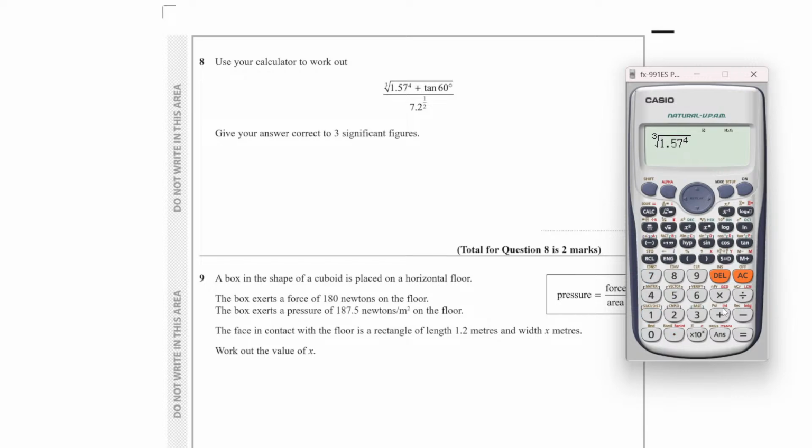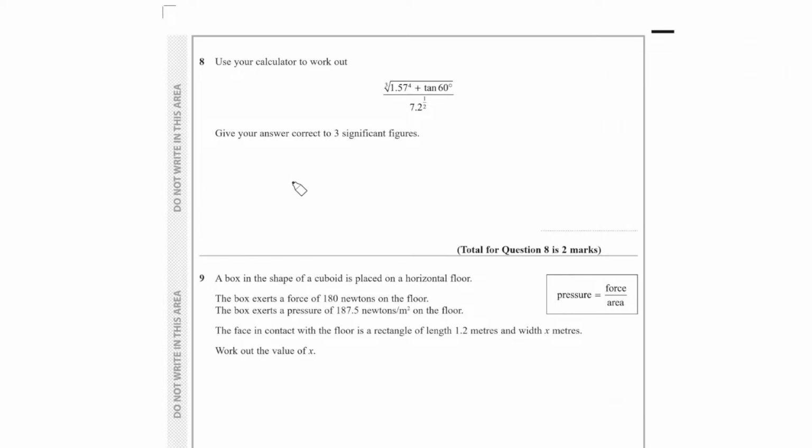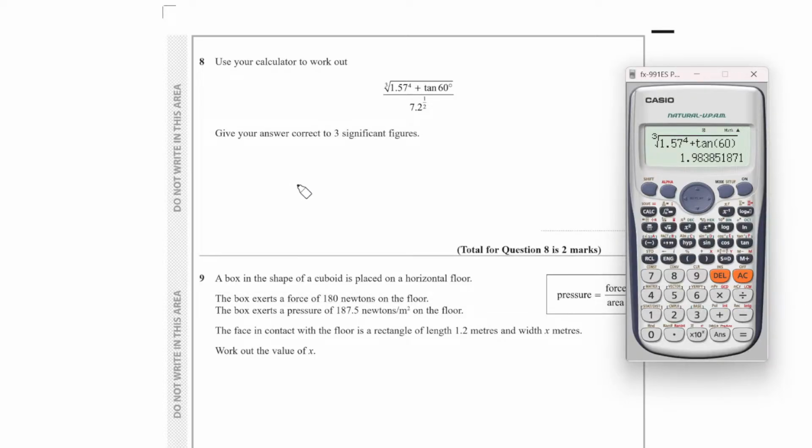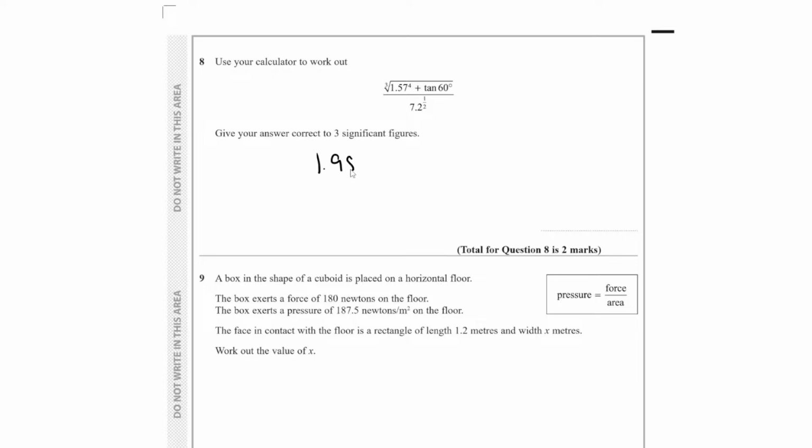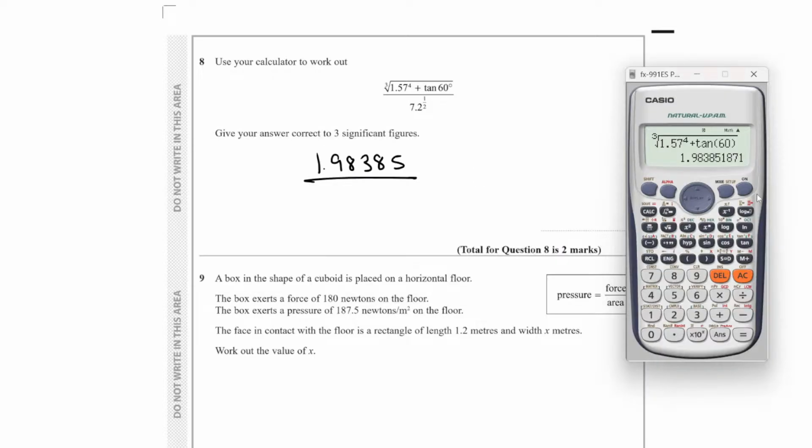So I think what I would do to get the method mark is maybe work out either the top or the bottom and write that down as a number. It seems kind of stupid to do that, but I just saw it on the mark scheme that they were looking for a method mark there. So maybe if we just do the numerator, tan 60, like maybe if you write down 1.98385, something like that, 1.9838 over, and then maybe if you work out the other part, you know, it's kind of annoying, but might as well get all the marks. 2.68328.